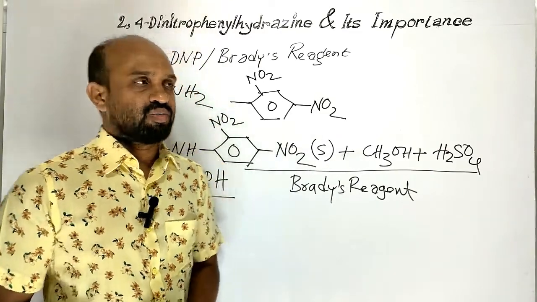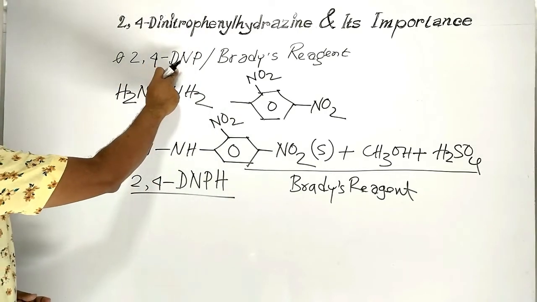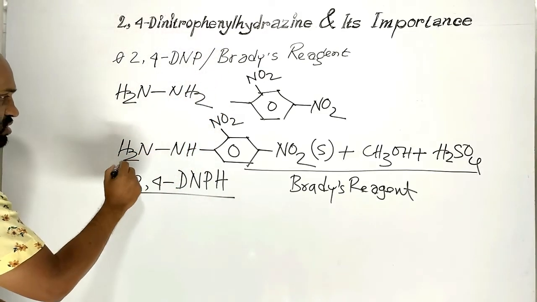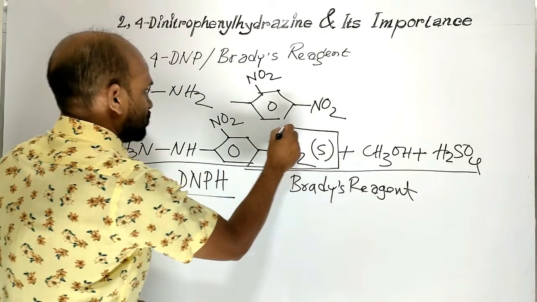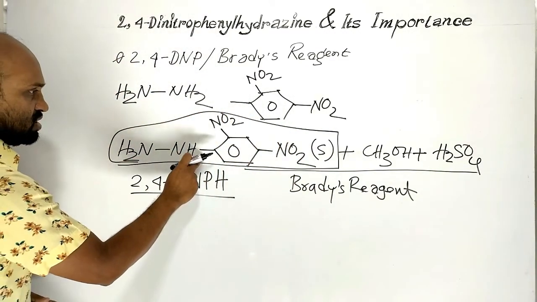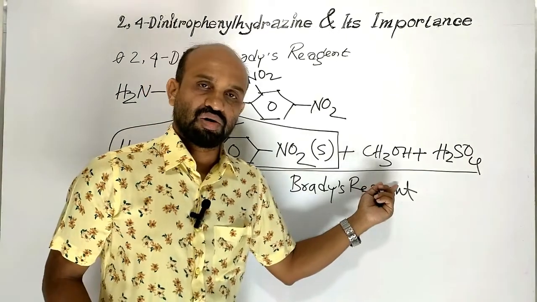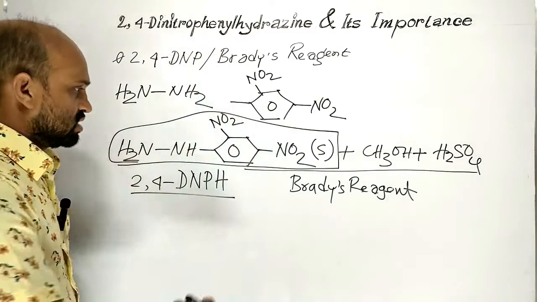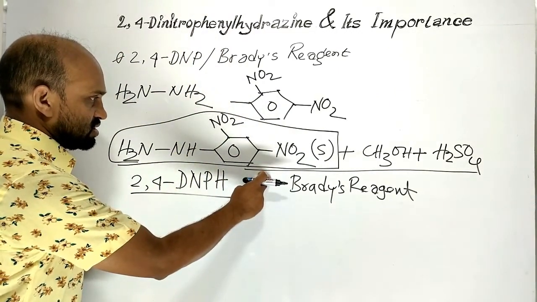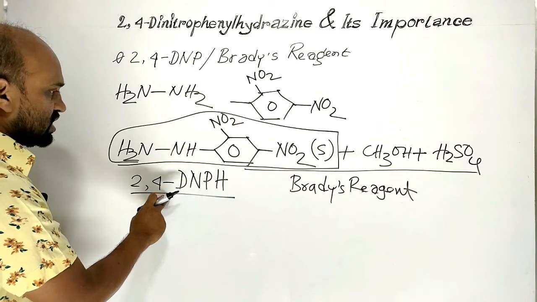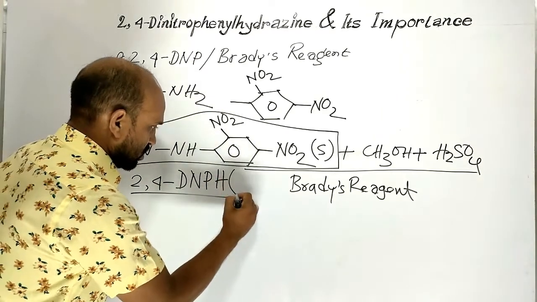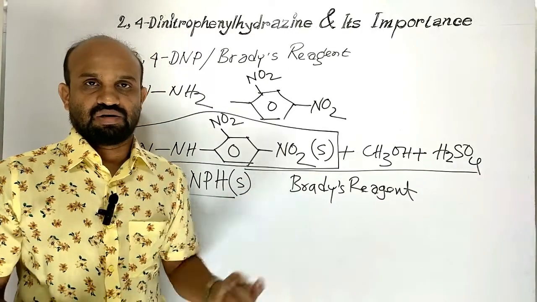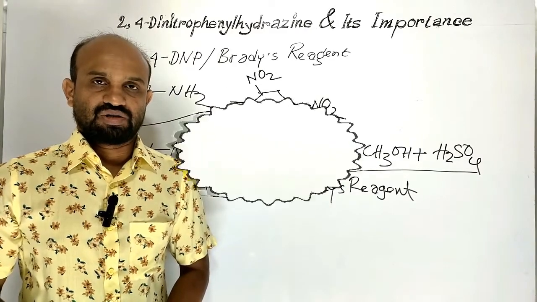So this is all about 2,4-DNP and Brady's reagent. That is, this is the compound 2,4-dinitrophenylhydrazine. When it is dissolved in methanol and some amount of concentrated sulfuric acid, then Brady's reagent is obtained. 2,4-dinitrophenylhydrazine is solid at room temperature and this is yellowish red in color. Let's move on to the next point.